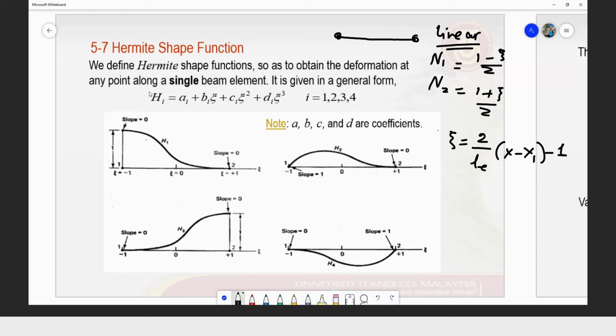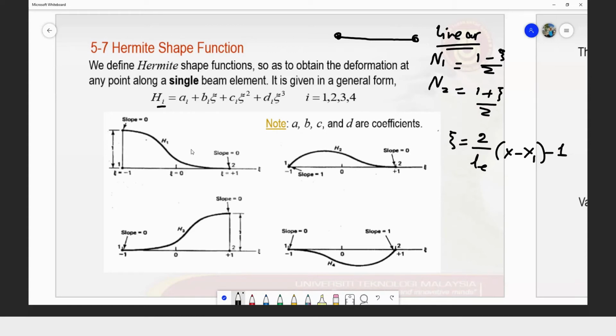It says that we define a Hermite shape function so as to obtain the deformation at any point along a single beam element, and it is given in the form of H. So H is given by this equation, and dia punya index I is given by 1, 2, 3, 4.